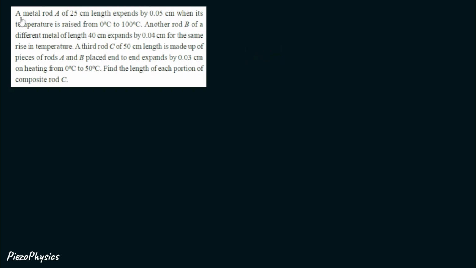Our second problem is: a metal rod A of 25 centimeter length expands by 0.05 centimeter when its temperature is raised from 0 degrees Celsius to 100 degrees Celsius. So delta LA equals LA into alpha A into delta T. It is expanding by 0.05 centimeter, LA we do have 25, alpha A we don't know, delta T is 100, right?